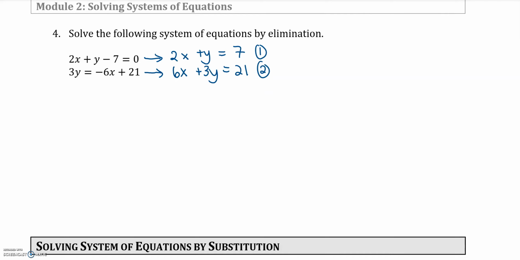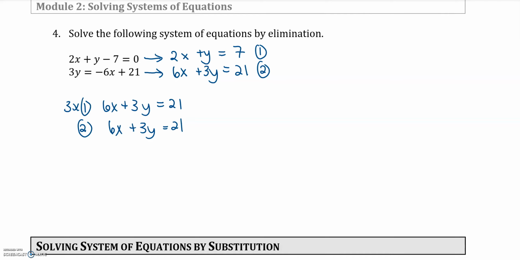Okay, in order to solve by elimination, we're going to multiply the first equation by 3, which will make both the coefficients of x equal to 6. So 3 times equation 1, and then looking just at equation 2. After multiplying through by 3 for every term in equation 1, we see that both the equations are now equal to one another.